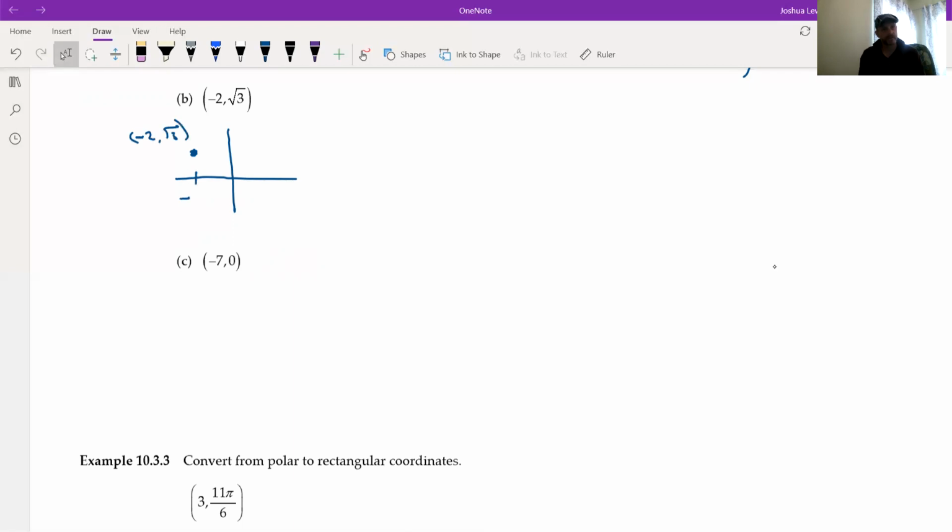So that x coordinate is negative 2, that y coordinate is 4. Well, just like before, my r squared is going to be x squared plus y squared. So what do I get, 13?